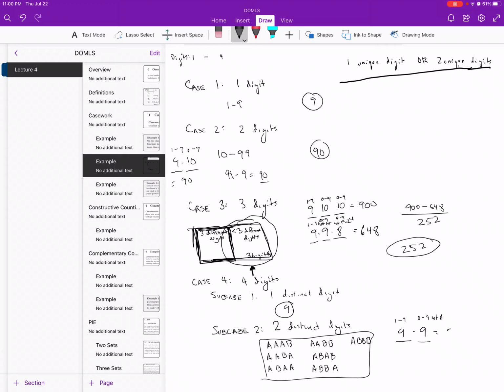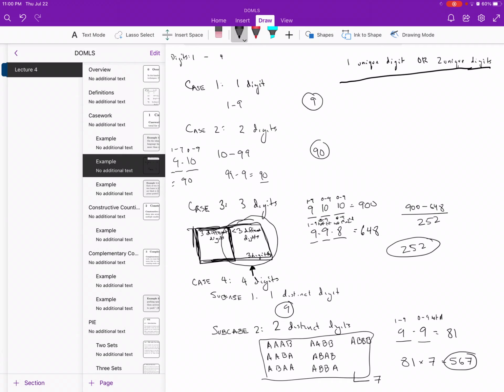This gives us 81 ways to choose the 2 digits, but then there are also 7 different layouts that we can have. So for each of those choices of 2 digits, there's 7 layouts. So using our multiplication principle, we get 567 different possibilities for this case.